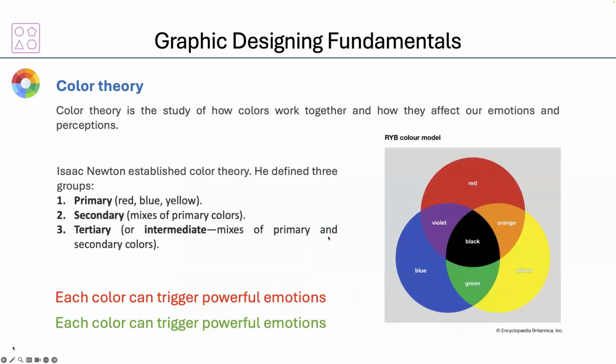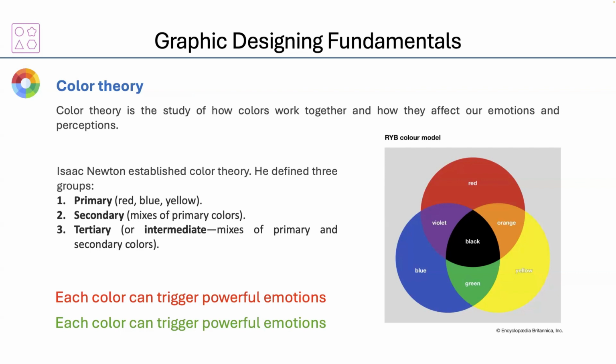Okay, so if we now go into the details of color theory, basically color theory is how colors work together. When you mix colors, they have effects on your emotions and your perceptions. This theory was established by Newton.